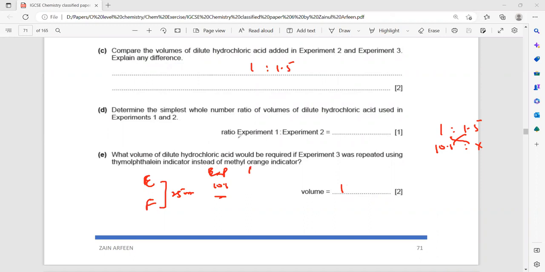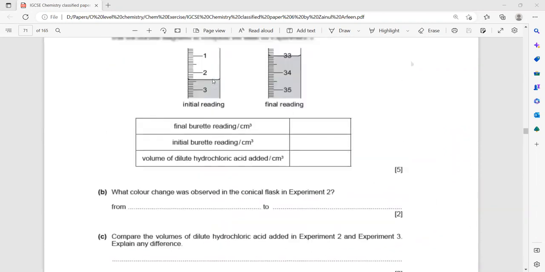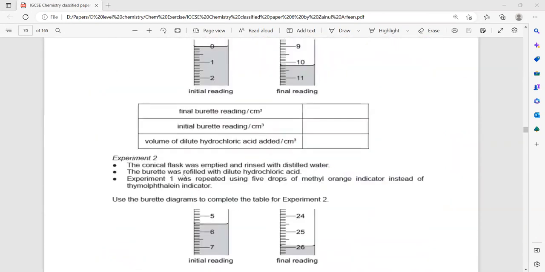Because the concentration ratio is 1 is to 1.5, if I need 10 cm³ of this, I need 1.5 times that of the other one. Shouldn't we take the ratio as 1 is to 2? No, 1 is to 2 is for experiment 1 and 2, because experiment 1 and experiment 2 are done with the same reagent.